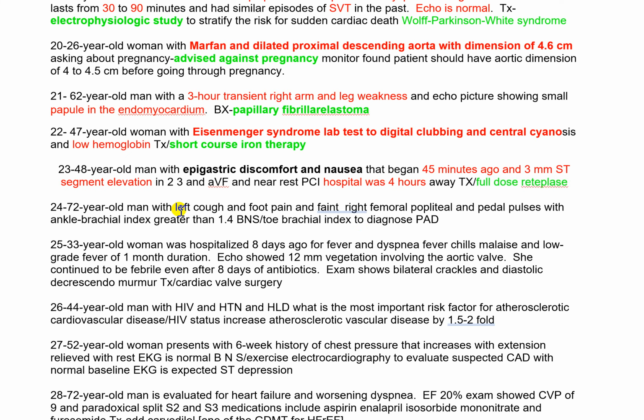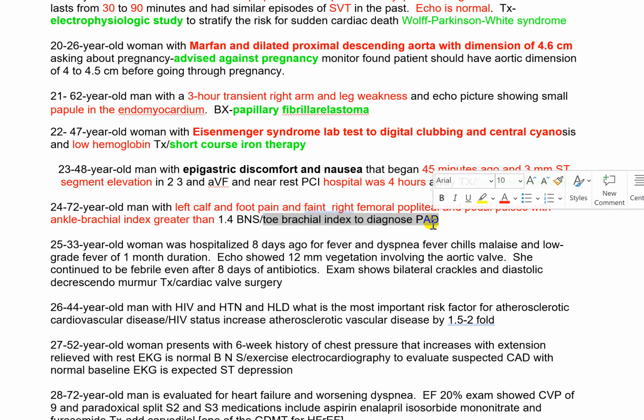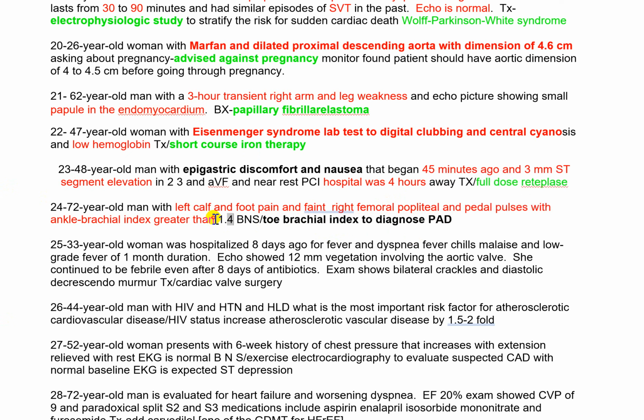So we have this elderly man with leg pain and foot pain, and with an ABI greater than 1.4. Okay, this is kind of a harder question. The way you want to handle that is by toe brachial index to diagnose peripheral arterial disease, because the ABI is inconclusive.